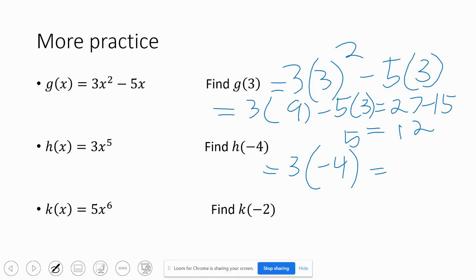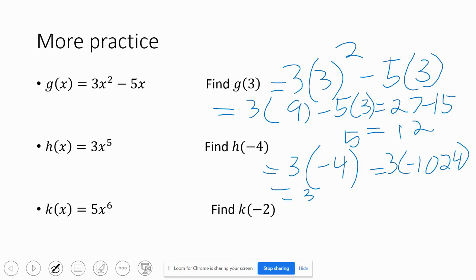Just double check. 1024. 4 to the 5th power is 1024. So 3 times negative 1024, times that by 3 is negative 3072.